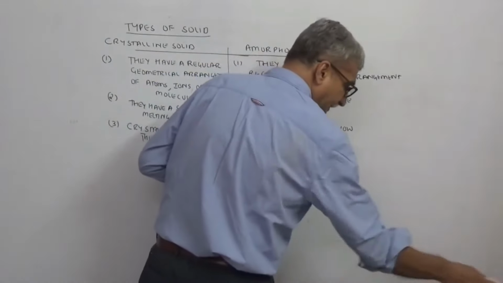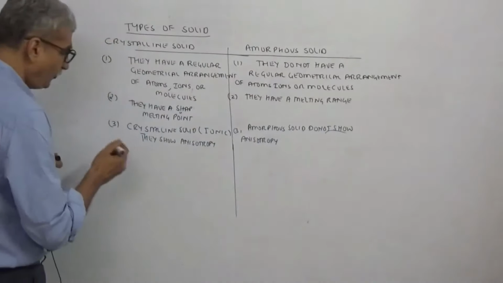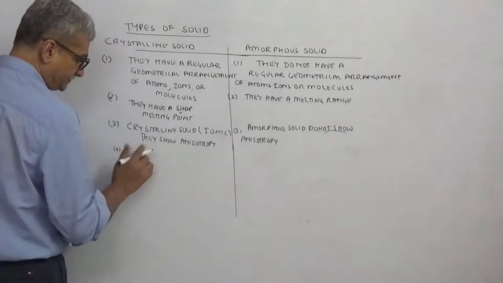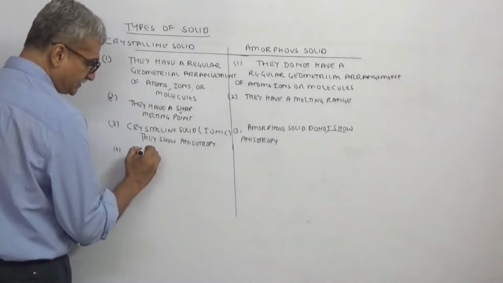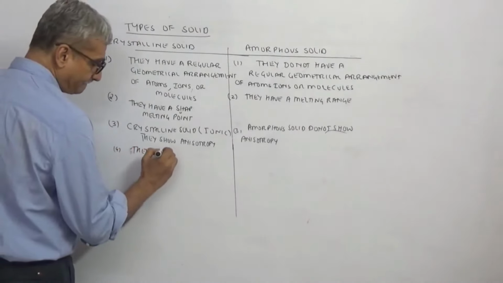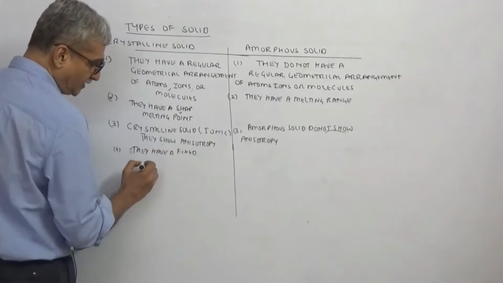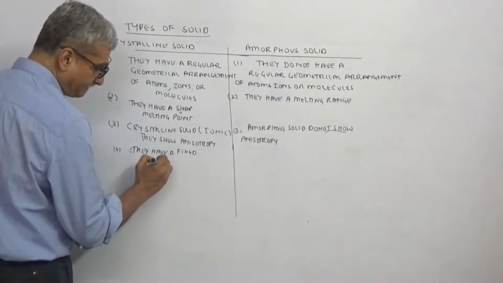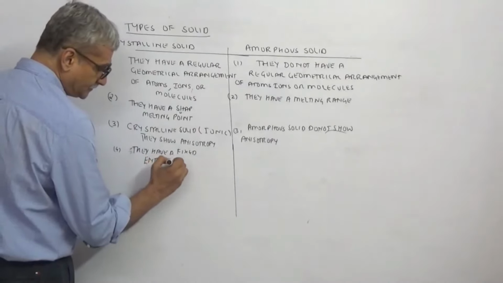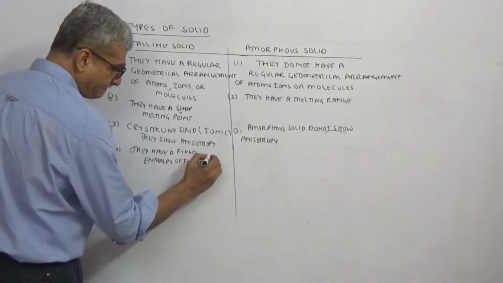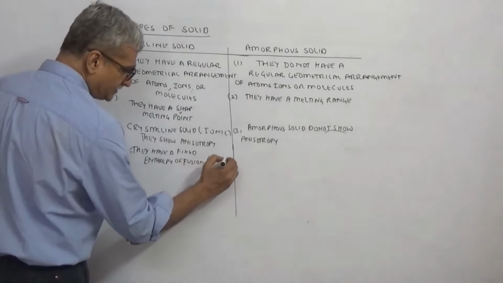Then what happens? The fourth point. Crystalline solids have a fixed enthalpy of fusion, delta H fusion.